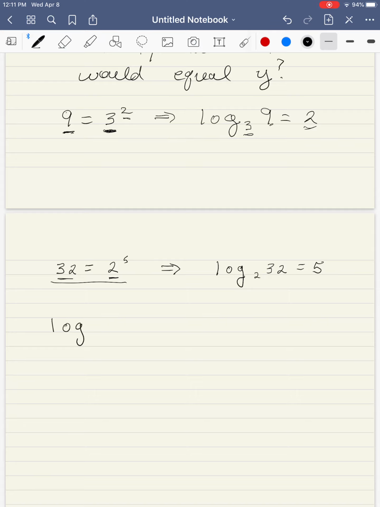Let's say that I said logarithm base 2 of 16, and we want to evaluate that. What we did on the last two examples is we just rewrote a true statement in a different form.